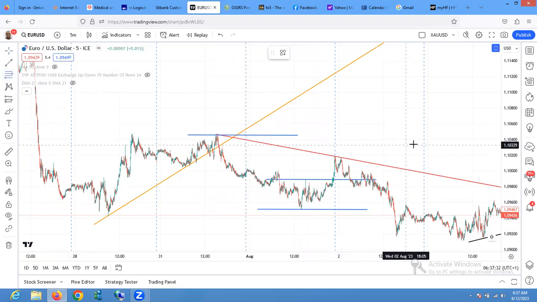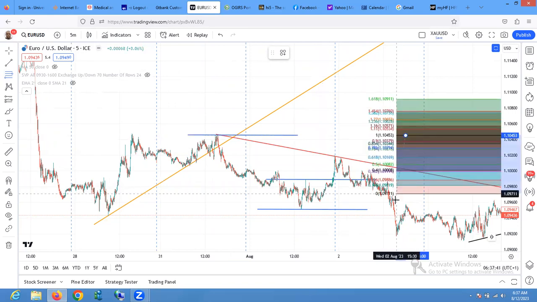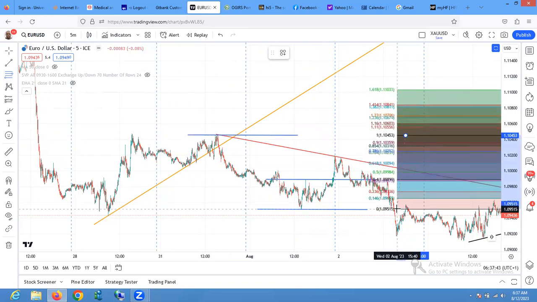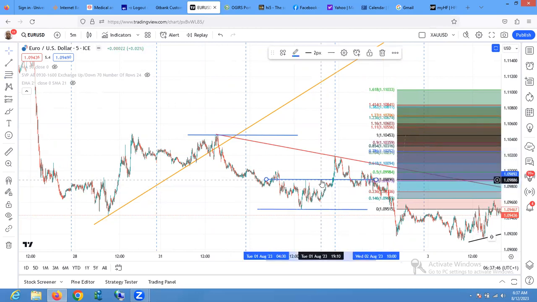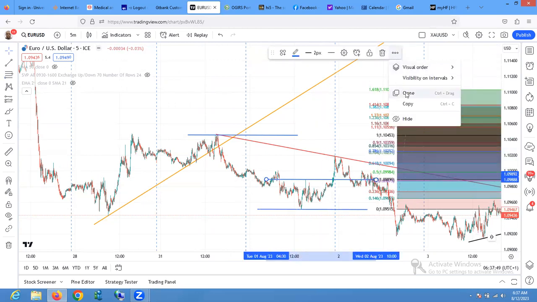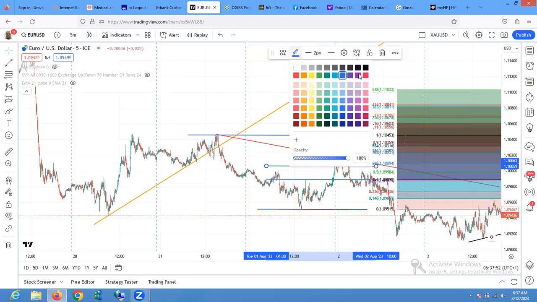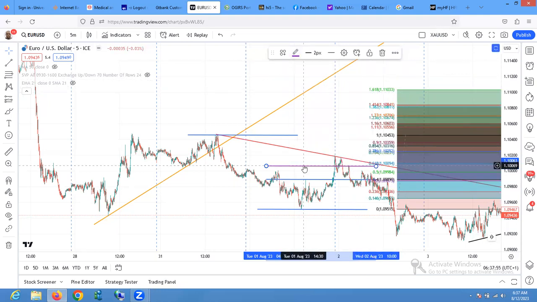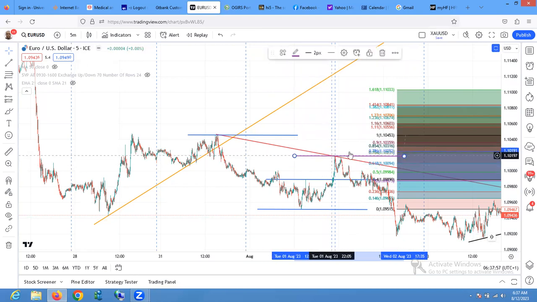Because if you come from this height to the new low before it broke this structure here, it actually turned up and got to this point of a bit over 61.8, which could have been a good entry for you, since you missed this at this point.